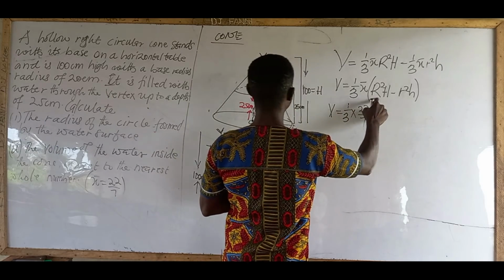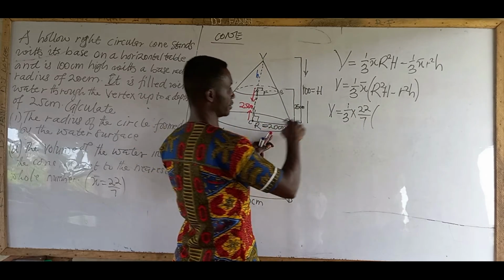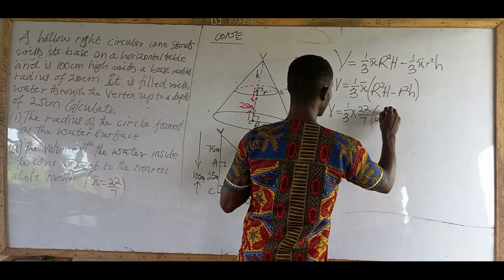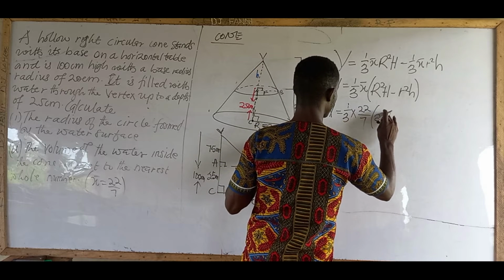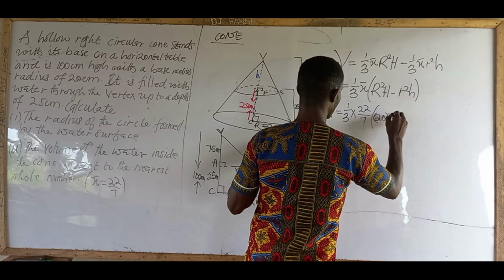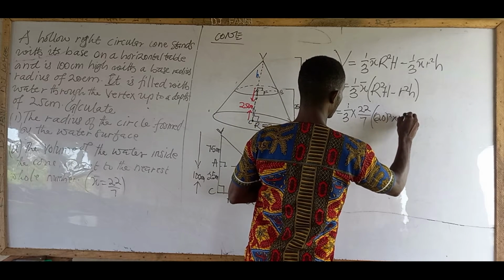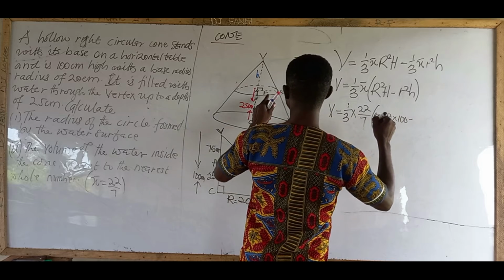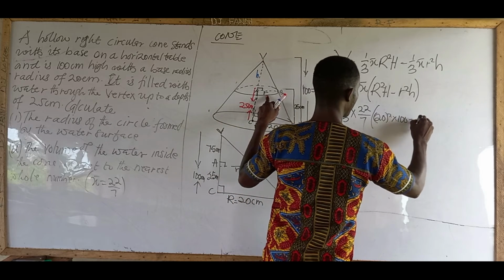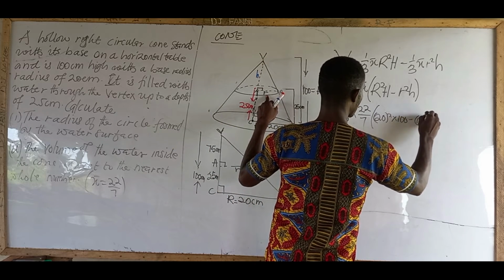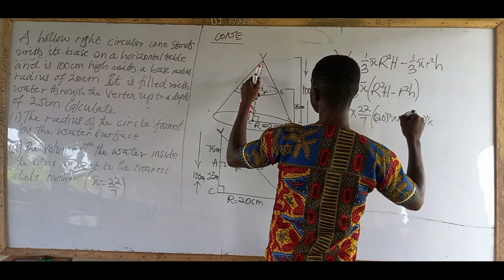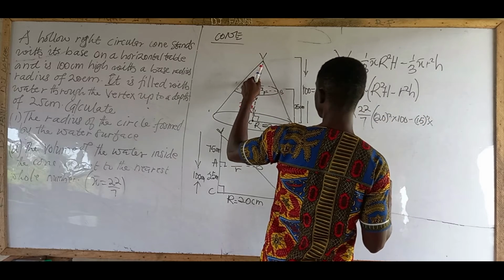So the big radius is 20, 20 squared, which is 400, times the height, which is 100, minus the radius we calculated here, 15, the small radius, squared times the height. Small h is what?